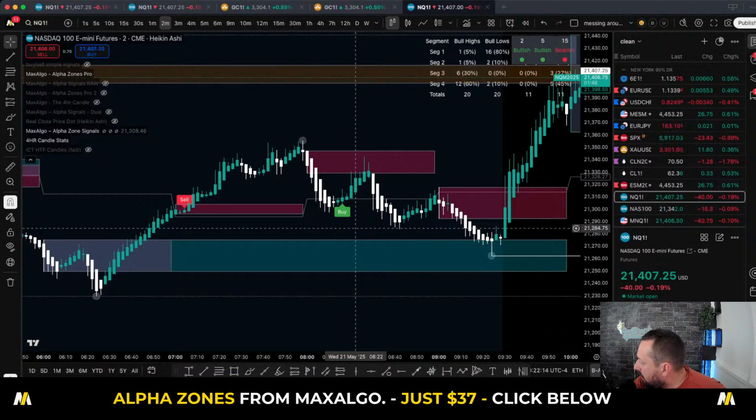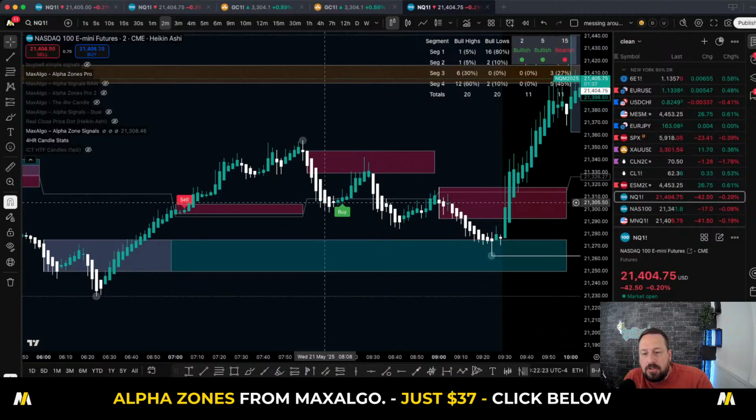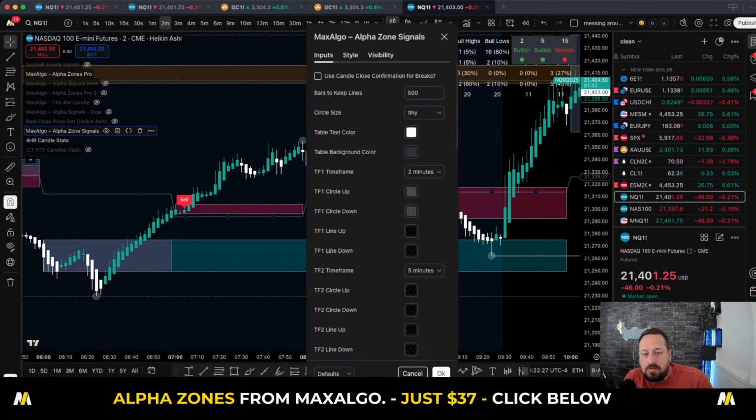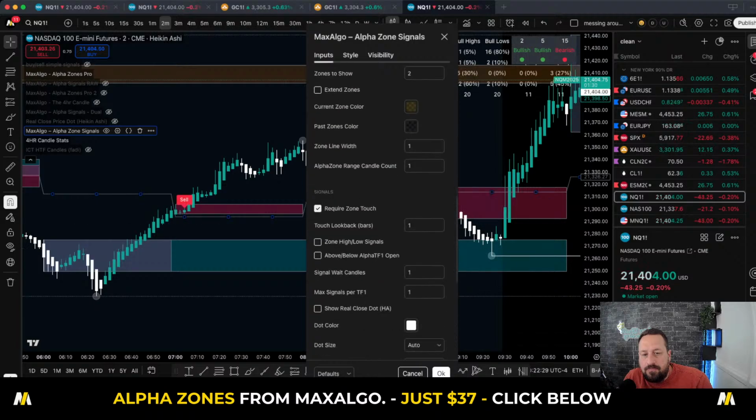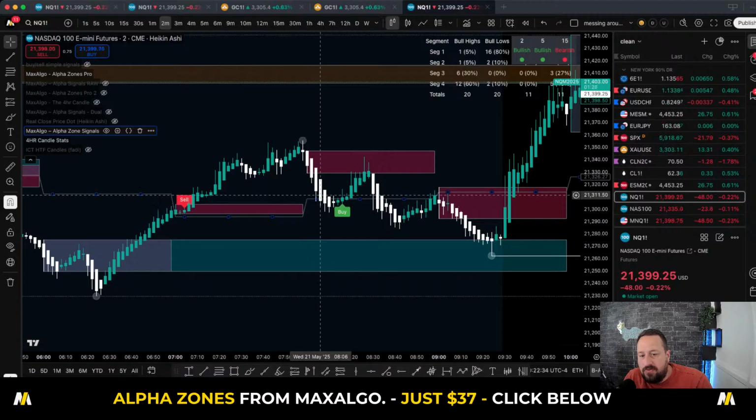Aaron, you'll need to close TradingView and reopen it. If you're in Traders Toolkit, which you are, you'll definitely get access to it. The required touch is ensuring that you're trading from a zone, right? So you're only getting a signal from a zone.